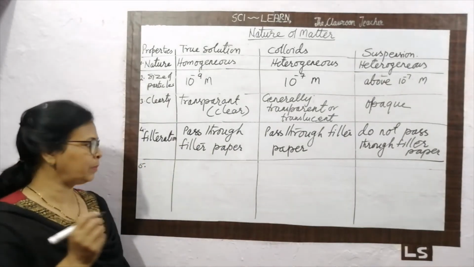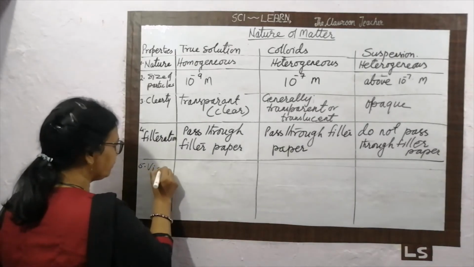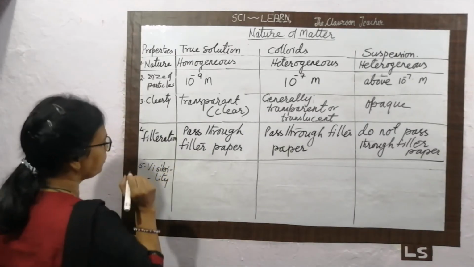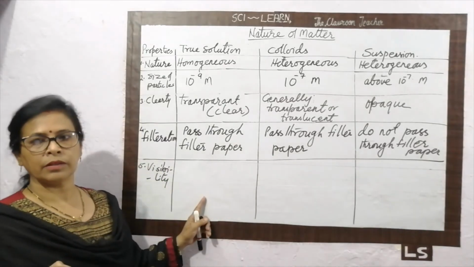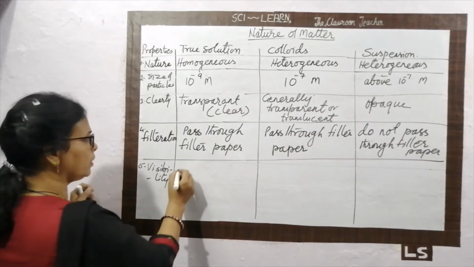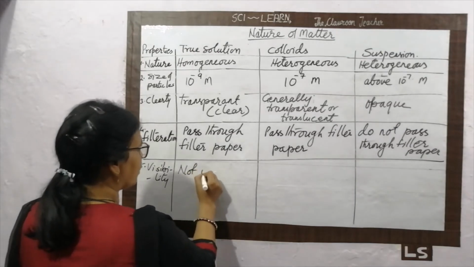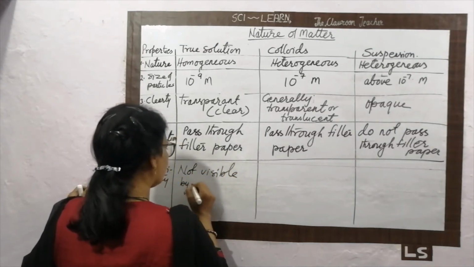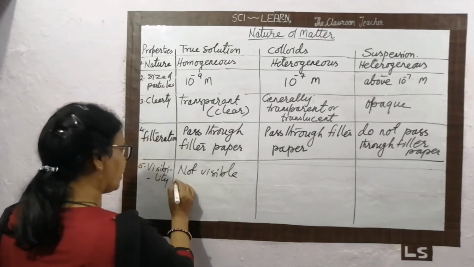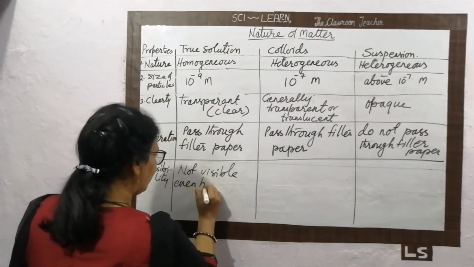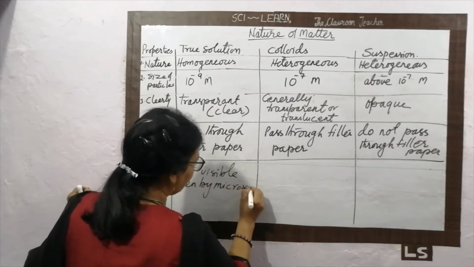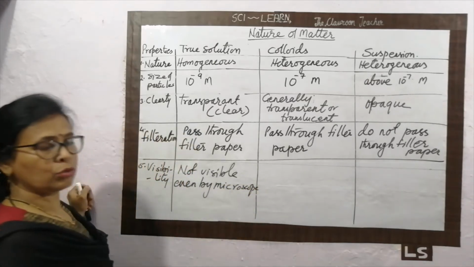Fifth point is visibility. In a solution, it is invisible, not visible even by microscope. That is, we are unable to see it with our eyes, and we are unable to see it with the help of a microscope also.